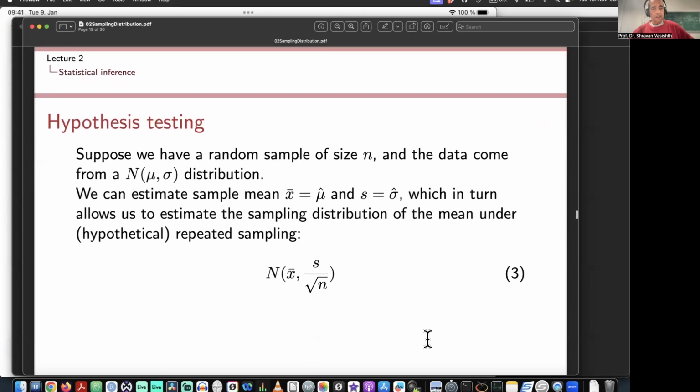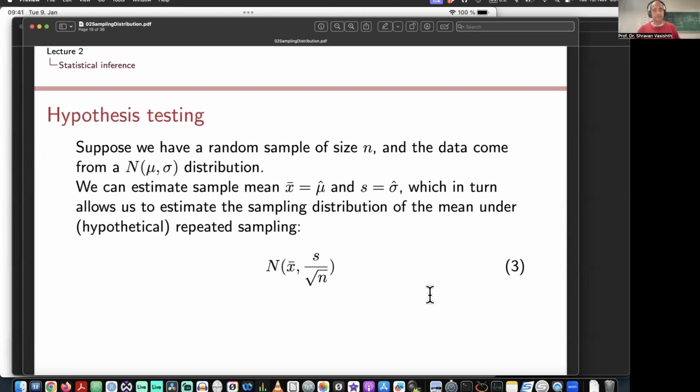Okay? So in hypothesis testing, the starting point will be that we take a random sample of size n, and let's assume that the data are coming from a particular distribution. For simplicity, I will continue to assume that the data are coming from a normal distribution. I will relax that assumption later on. So the data are coming from a normal, with some unknown parameters mu and sigma, that describe the underlying distribution that produced the data.